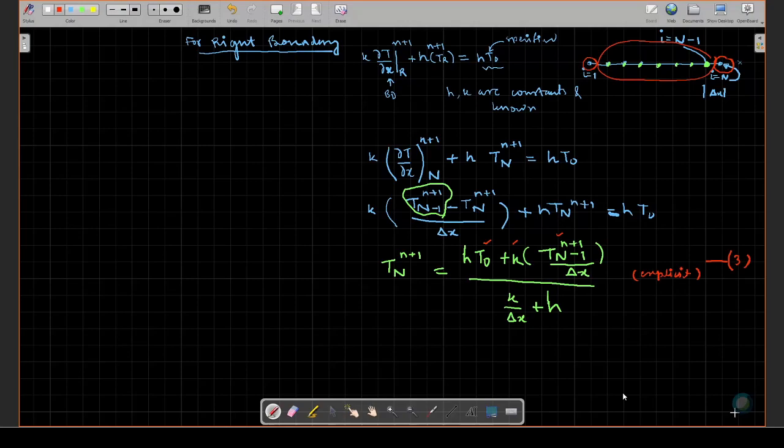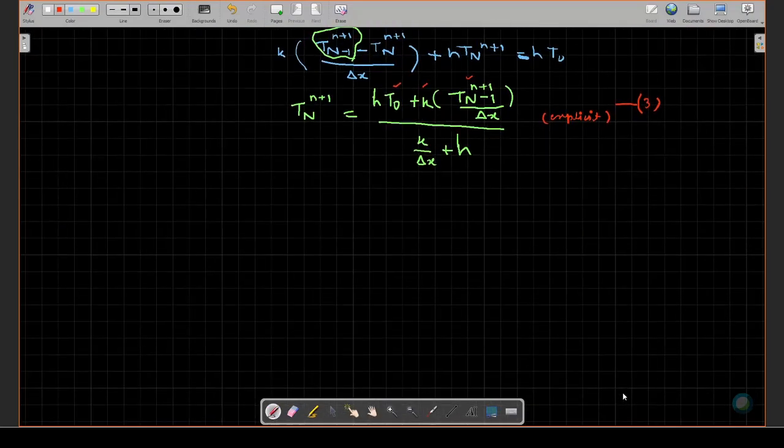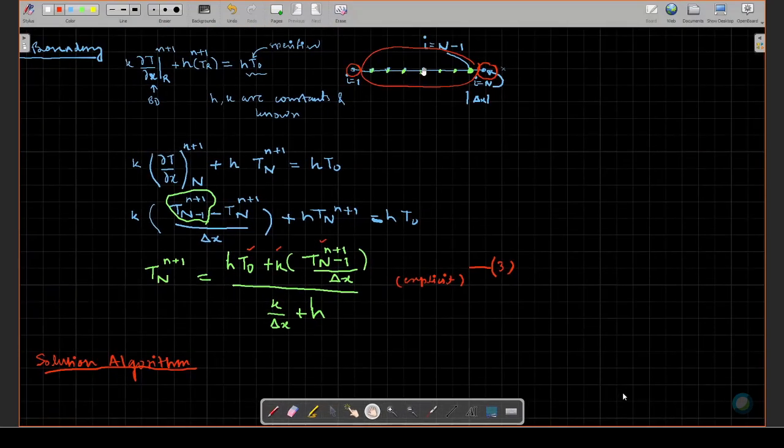So how do you solve it? The solution algorithm is as follows. In the solution algorithm, because this is a transient problem, we should first know the values at all i.